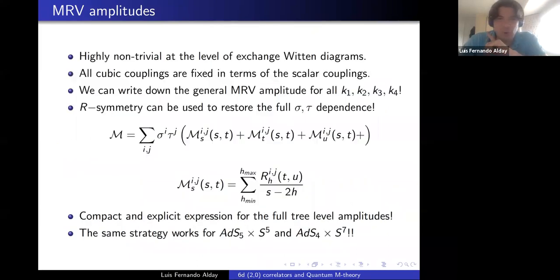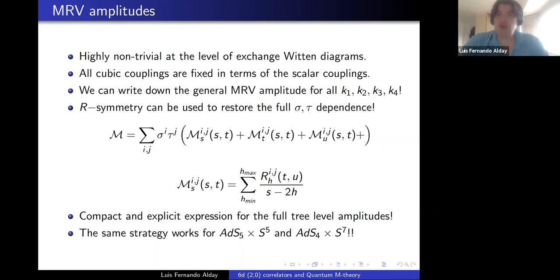But what is important, and what is surprising to me, is this one here: the fact that R symmetry can be used to restore the full sigma tau dependence. And the reason for that is that if you look at the R symmetry polynomials, which depend on the representation of exchanged operators and depend on sigma and tau, all of them survive in this MRV limit.